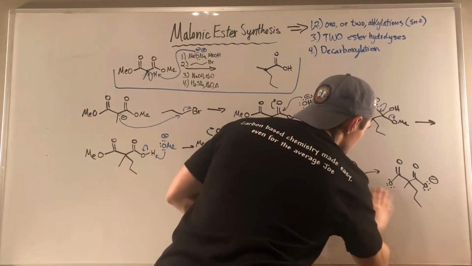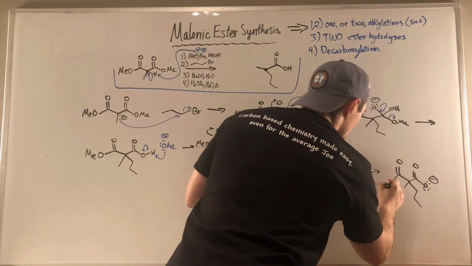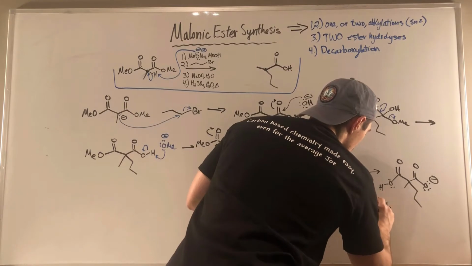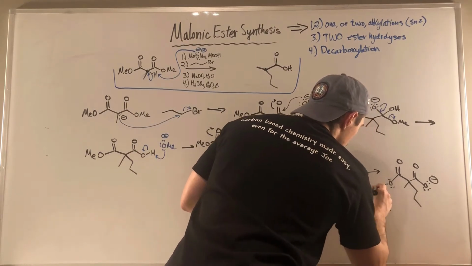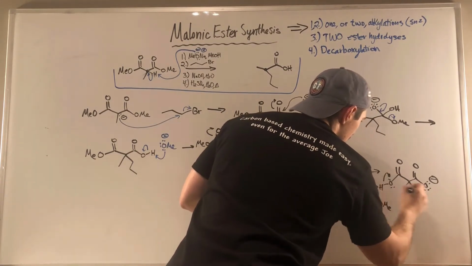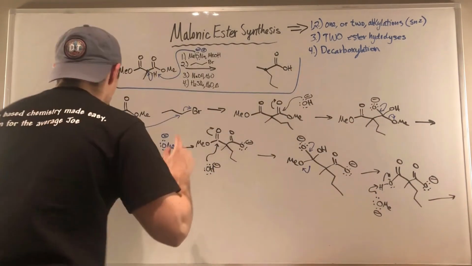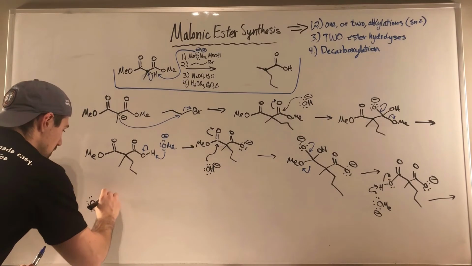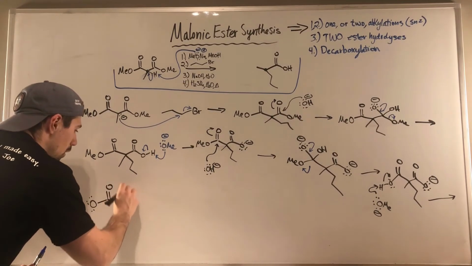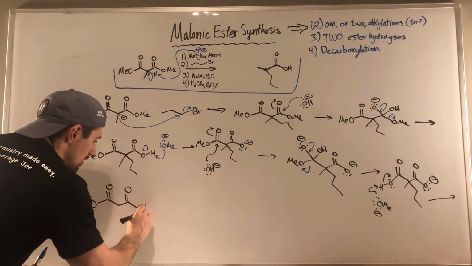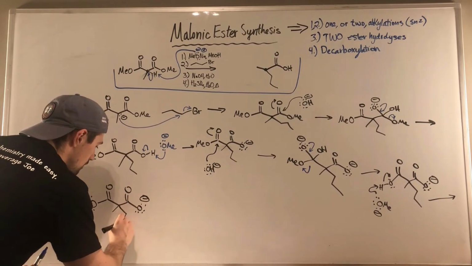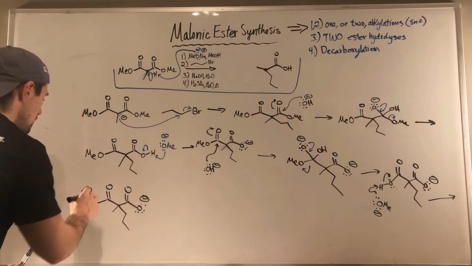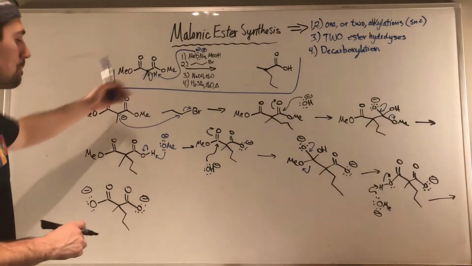Oh, not yet. Sorry, I got carried away. The score is settled by methoxide just grabbing a proton and leaving, and that is how, ladies and gentlemen, we get the 2 carboxylates. I know I'm kind of flying through this, but you've all seen these steps already. There we go. So it's at this point that we move on to step number 4.